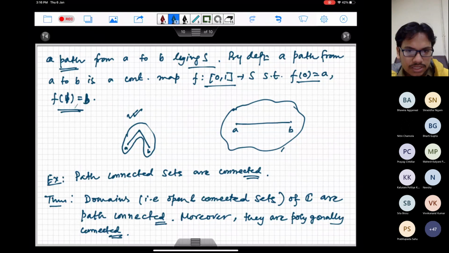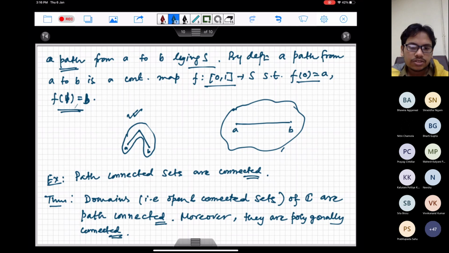It might not be one single straight line, but nevertheless I can make multiple small straight lines, and go from A to B by means of straight lines. This is what it means to say polygonally connected. So polygonally connected means the path that we will have is going to be a polygonal path.